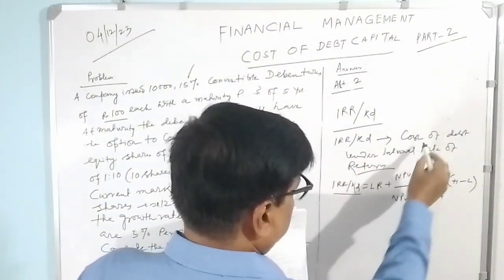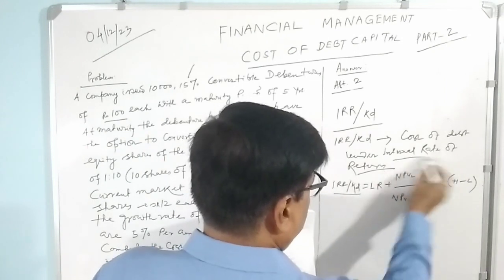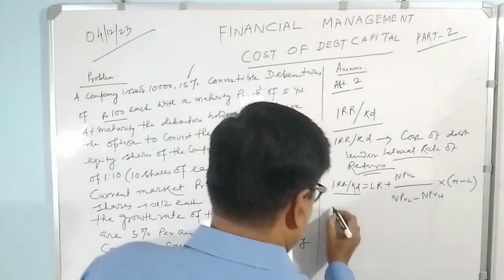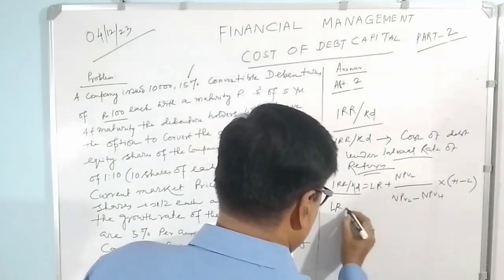IRR KD, we have told, is the cost of debt under internal rate of return. Here LR equal to lower rate.